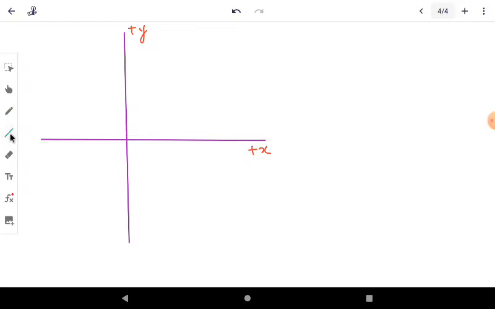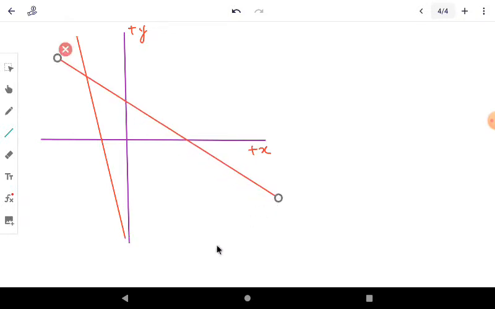Now if I draw two lines like this, one is like this, guys, and another goes like this, guys. So this is L1, this is L2, guys.